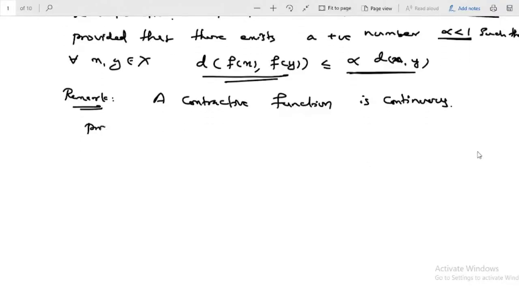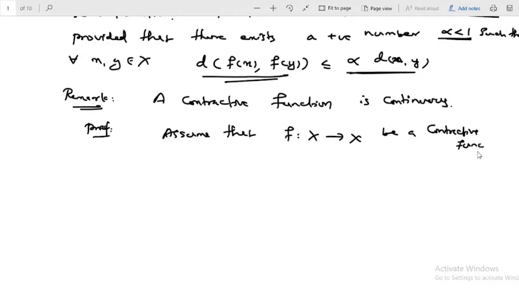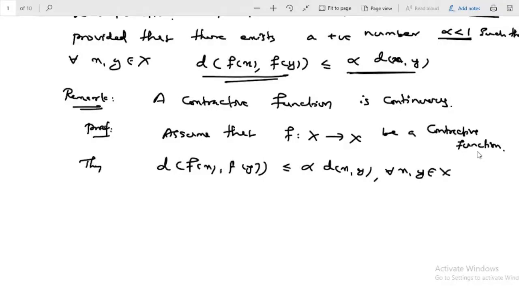Assume that f from X to X is a contractive function. Then by definition there exists alpha such that distance between f of x and f of y is less than or equal to alpha into distance between x and y, for every x, y belongs to X and some alpha greater than 0.